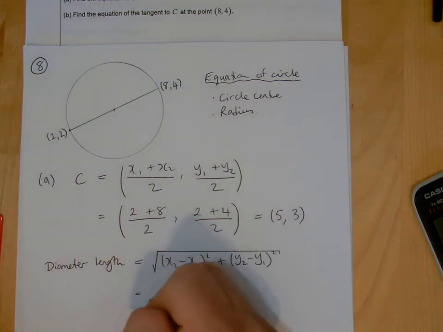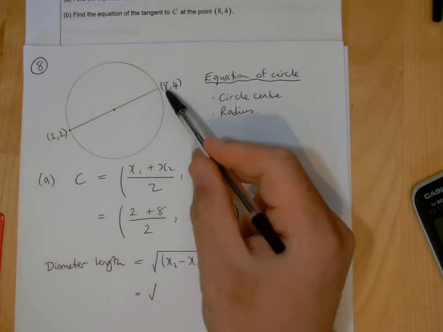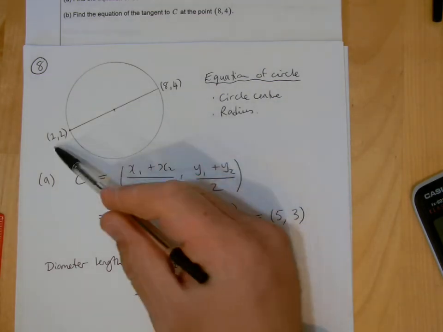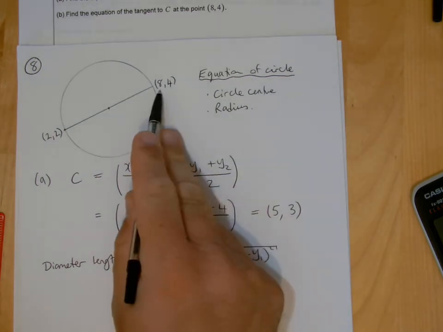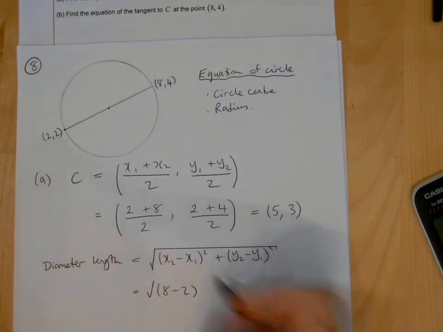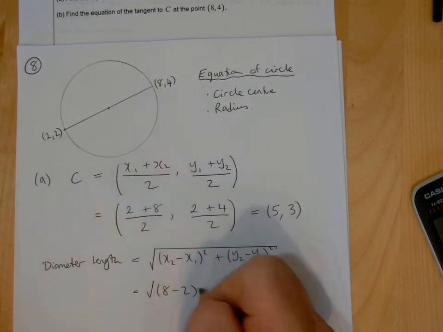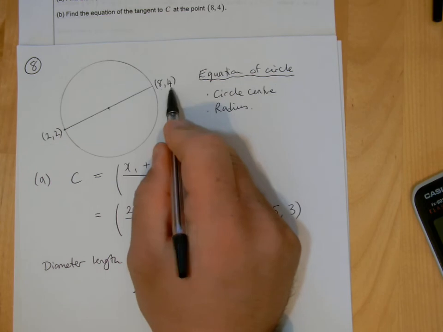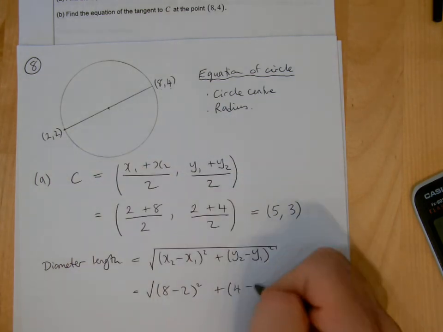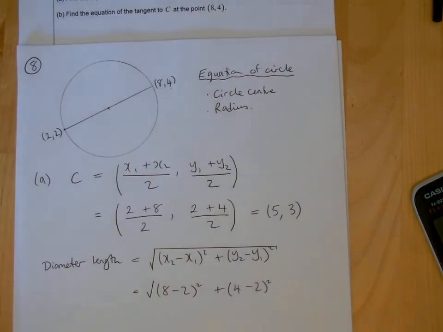The x values are 8 and 2, so if I call that my x2, y2 and this my x1, y1, it'll be 8 take away 2 squared, and then, being consistent, the y2 there, so 4 take away 2 all squared.